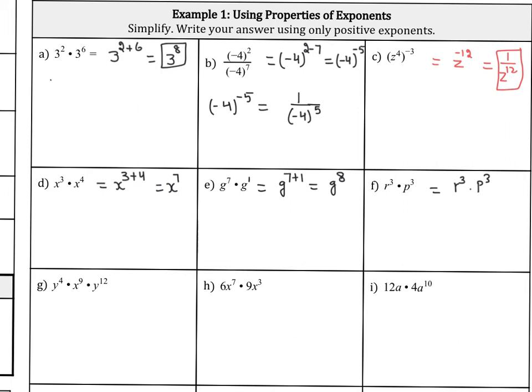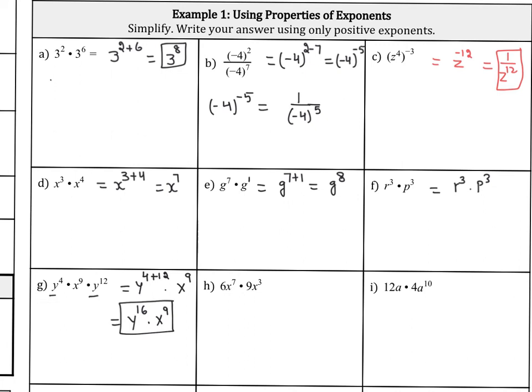Here you can combine for letter G, y to the power 4 times y to the power 12. That's going to be y to the power 4 plus 12 times, there is no other x to combine with, x to the power 9. So your final answer is y to the power 16 times x to the power 9.